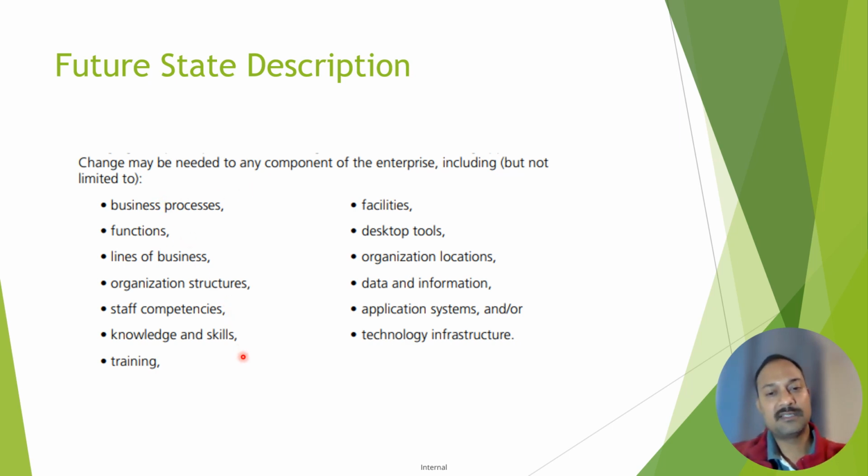It could be a business process, functions, a line of business, or organization structure. Staff competencies, where you might need to upgrade knowledge and skills by giving training. The facilities and desktop tools, where you implement a new tool. Organization locations, which you may change. Data and information, where you add more information. Application systems and technology infrastructure, like moving to a cloud. So these are the different areas where you can make changes to reach the future state.